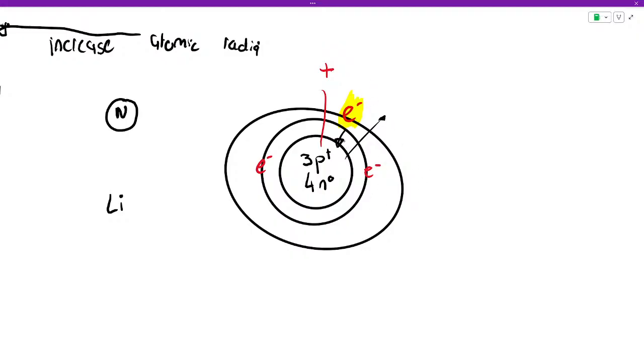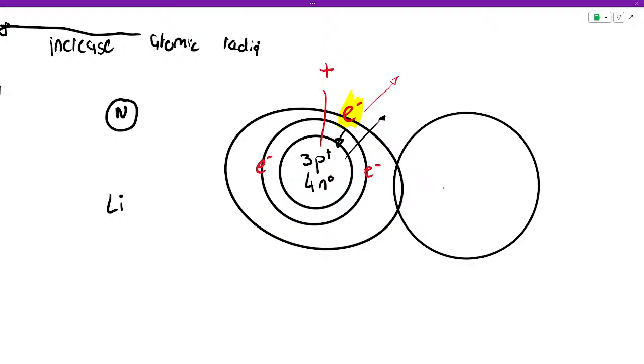Something called electrostatic forces. Now, because this electron is so far away from the nucleus, it can easily just go away. But having such large atoms is not going to make the material dense.